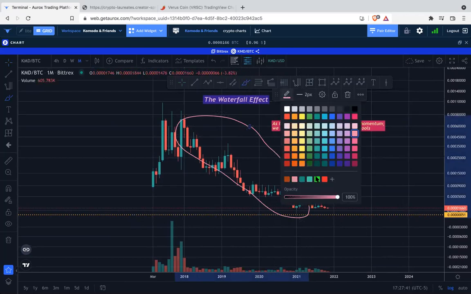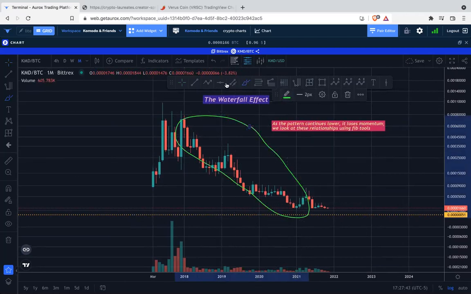The waterfall effect in this case is going to be this trending move down, even though it looks like a zigzag, but it's trending. The zigzag is a trending correction, some sort of corrective move against the trend, more downtrending, a second corrective move against the trend, and then a third move down.